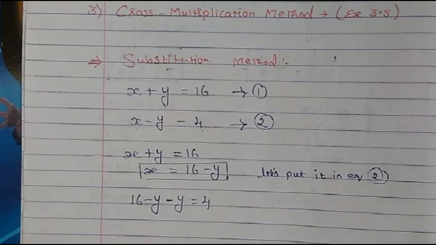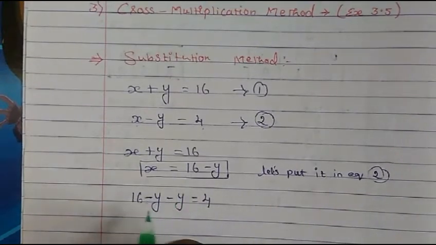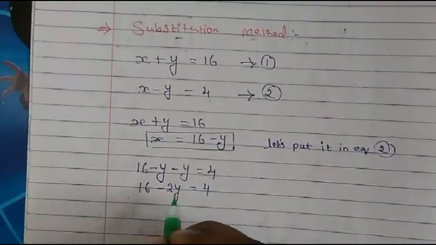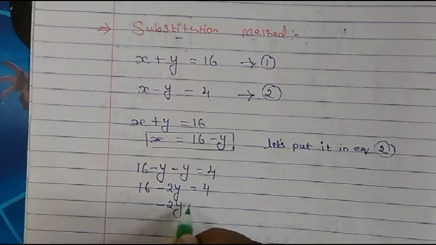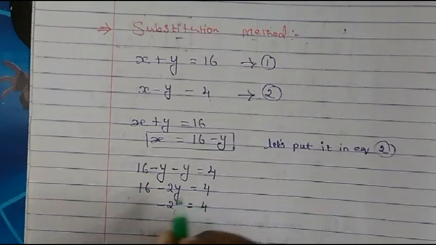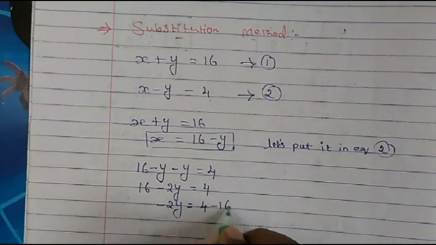Let's solve this now. We have 16 minus y and minus y will give us minus 2y equal to 4. Now let's bring this 16 to the other side. We'll keep this minus 2y here only, and this plus 16 will come to the other side, and in plus it will become minus.